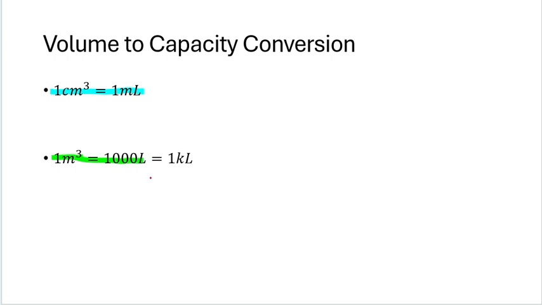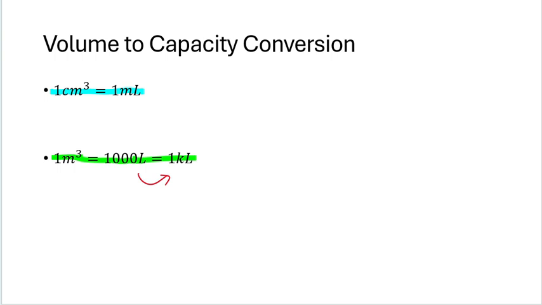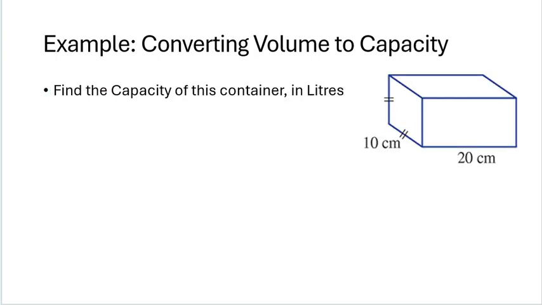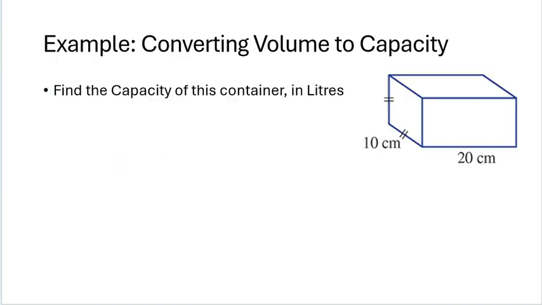And we know that 1,000 liters converts into 1 kiloliter, okay? So that's just how it goes. Now, how are we going to convert from volume to capacity in an actual question?